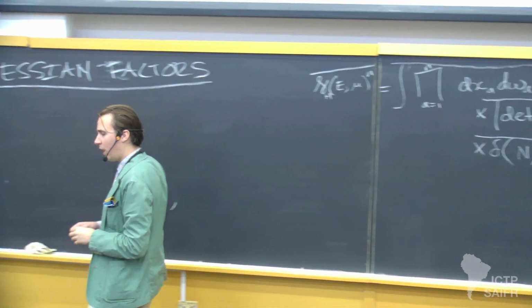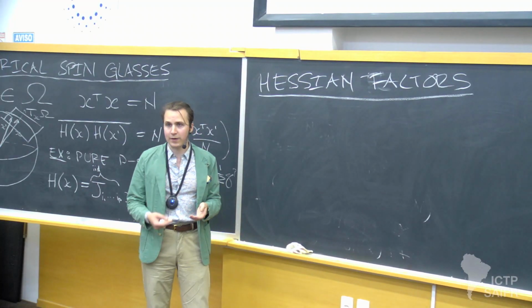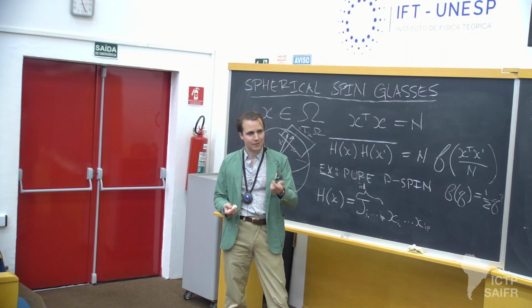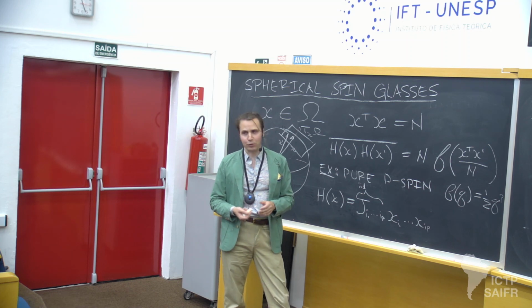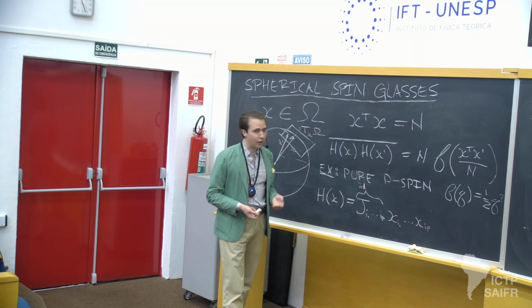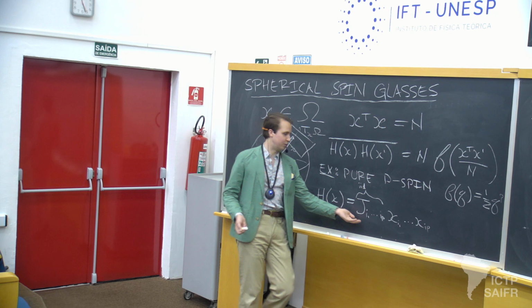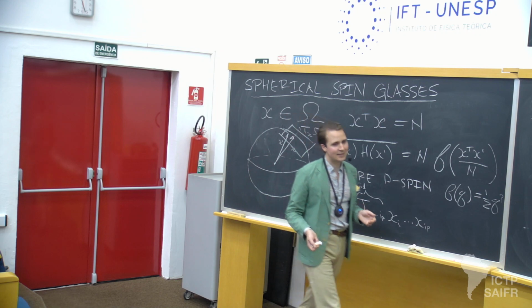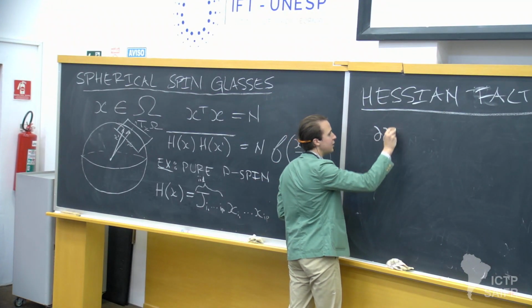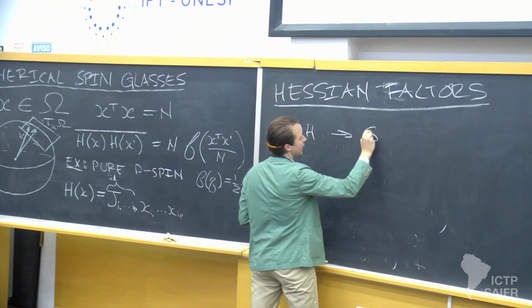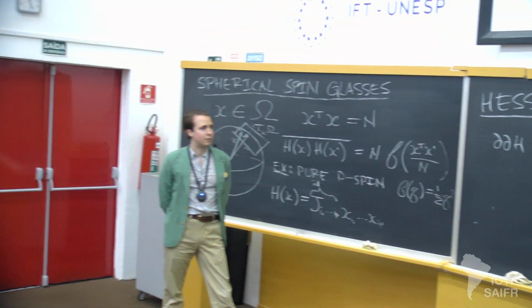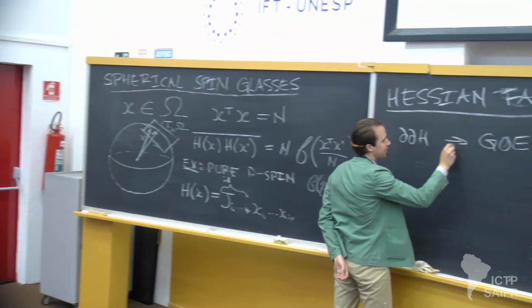And we're going to evaluate these relying on the properties of this matrix, the double derivative of H, which, as I've said, is a symmetric matrix because it's a double derivative, and it's real valued, we have a real function, and its entries are Gaussian with some variance because they come from evaluating this thing at certain points. Which means our double derivative of H matrix is going to lie in the Gaussian orthogonal ensemble, a very well understood, very well controlled matrix ensemble in the large n limit.